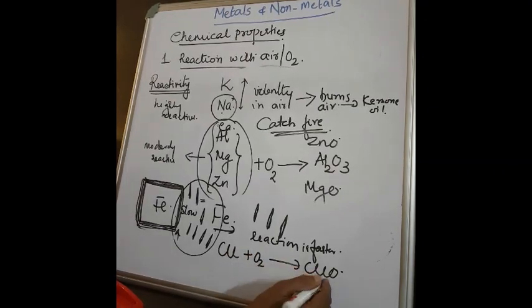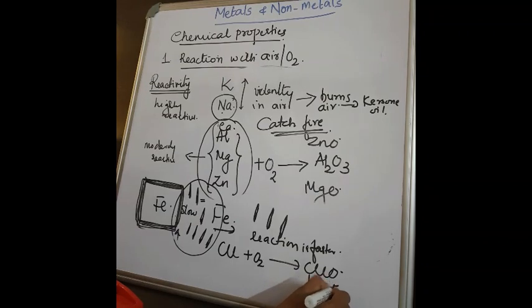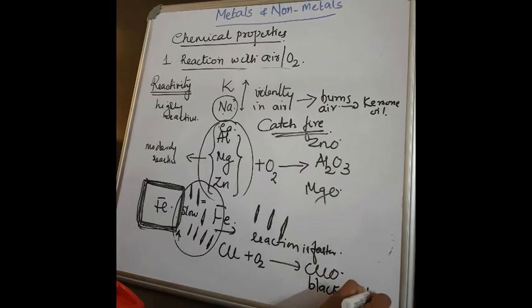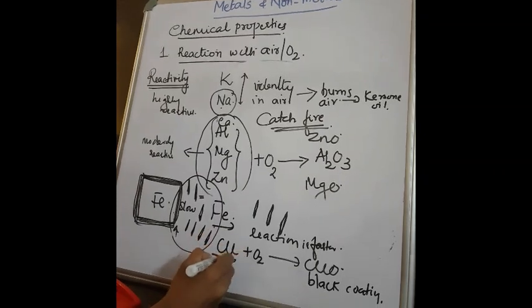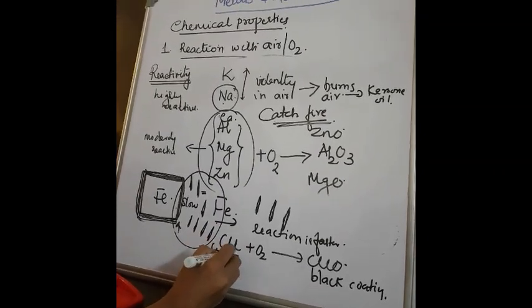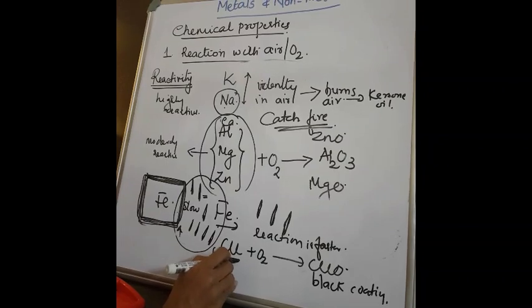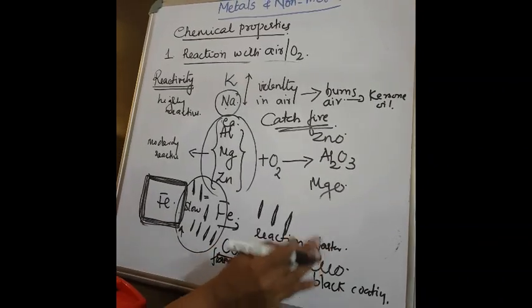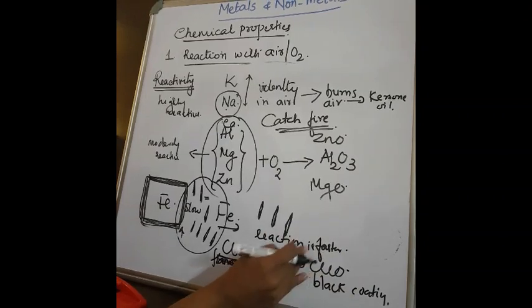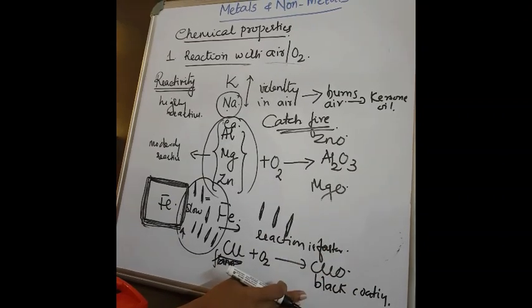I said a black coating is there. That means the copper does not burn with flames. There is only a black coating of copper oxide on the surface of the copper.